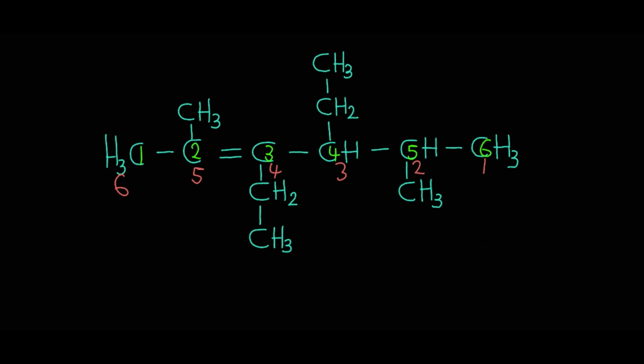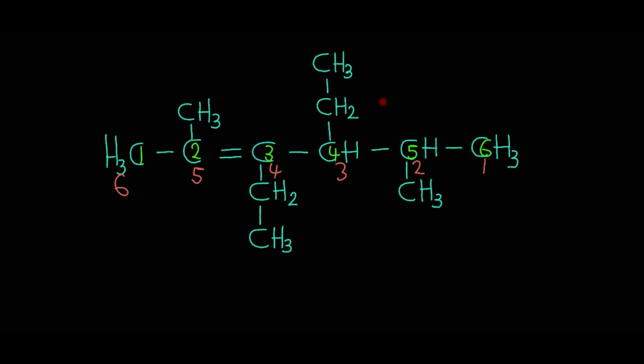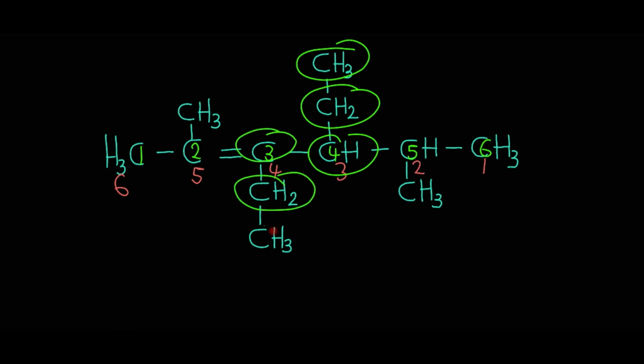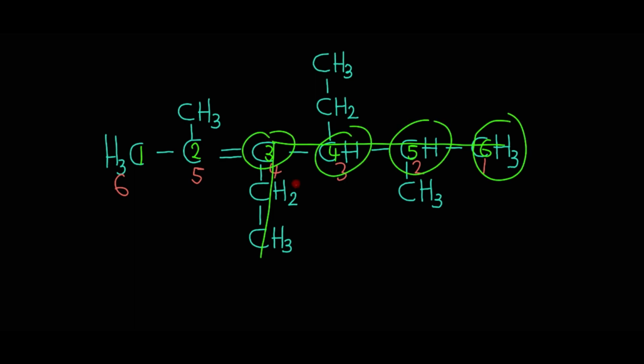But let's see other directions. This one: 1, 2, 3, 4, 5, 6, so still 6 carbons. And then this one: 1, 2, 3, 4, 5, 6, so still 6 carbons. And then this one: 1, 2, 3, 4, 5, 6. Actually, the longest chain is 6 carbons.